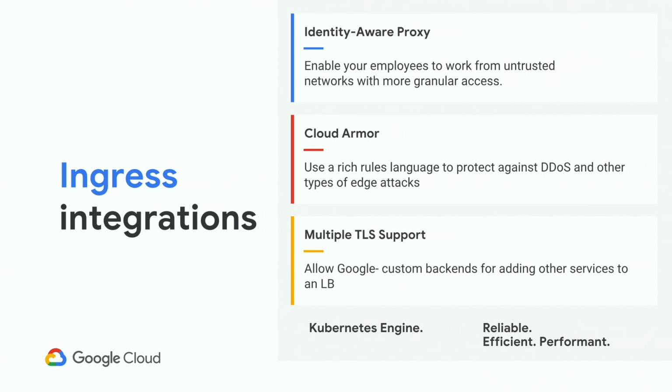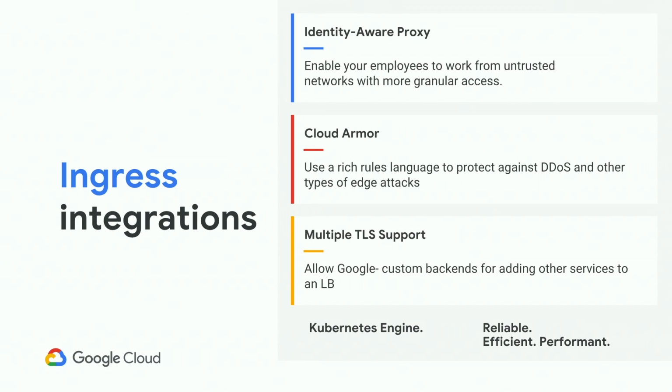Ingress integrations. Now, another very critical aspect of your deployment is Ingress and the communication to the internet and how Ingress actually sets up your load balancer. So we will talk about a host of features you have available to integrate with Ingress. The first one is identity-aware proxy. You can enable your employees to work from untrusted networks without the need of a VPN. And moreover, you can give them more granular access than an all or nothing access, which is typical of VPN connections.